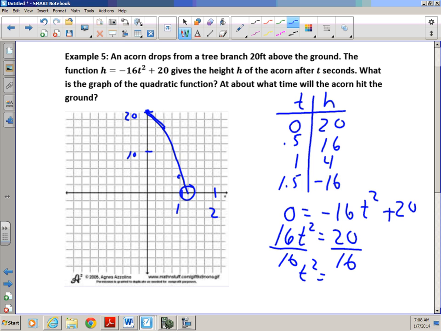T squared is 20 over 16, so that t, I'm going to take the square root of each of these, so that t is about 1.1, which is what I was expecting here. Okay. So what we covered today is how to use the graphing calculator to help us graph quadratic functions.